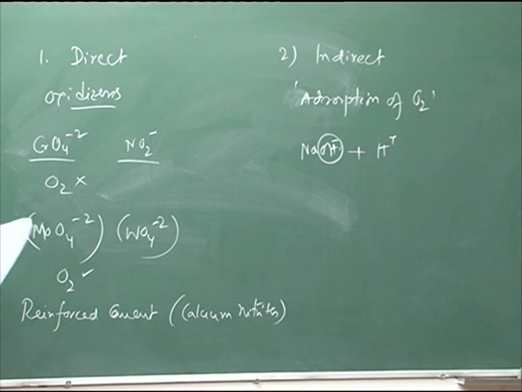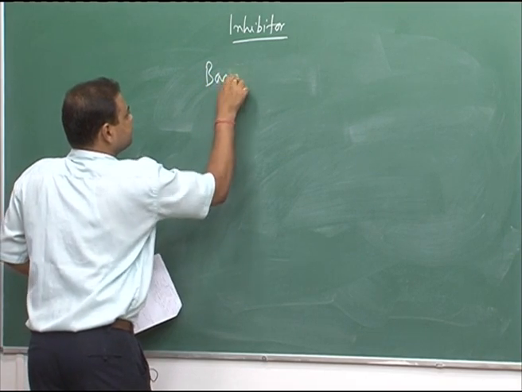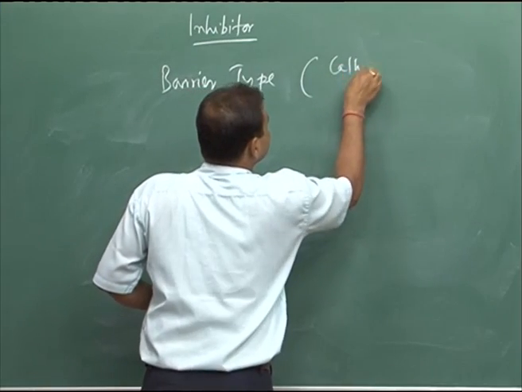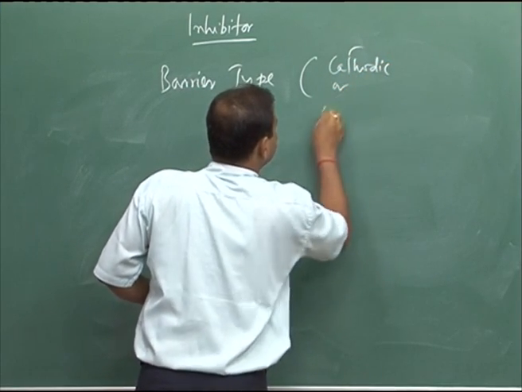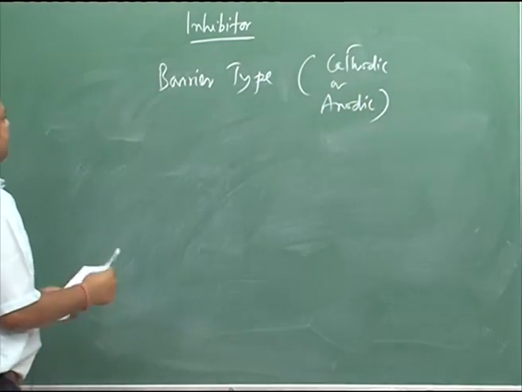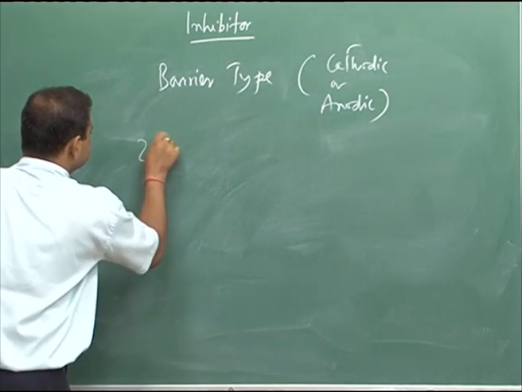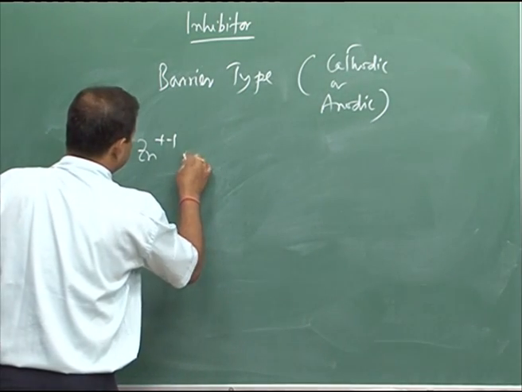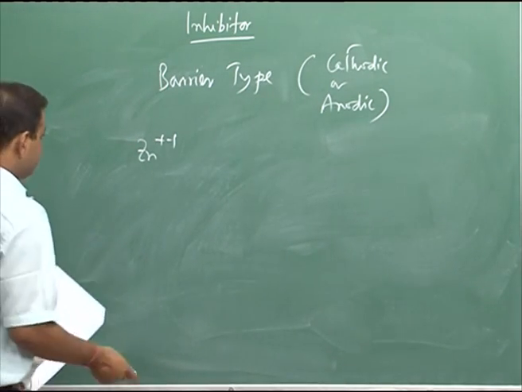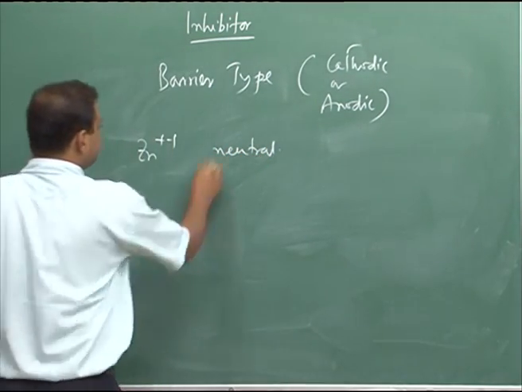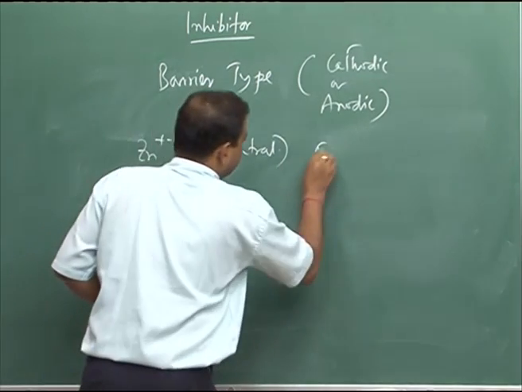Now, we can also think of the barrier type inhibitors, which can be cathodic or anodic. So, one example is, let us say if we add zinc plus iron, in a neutral solution, which can protect iron corrosion.